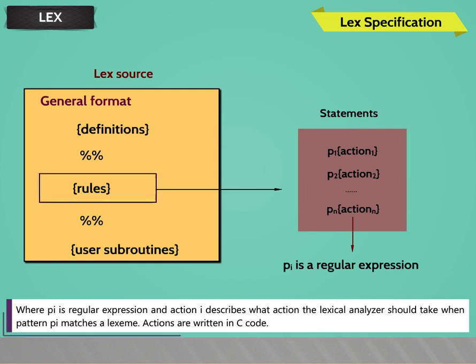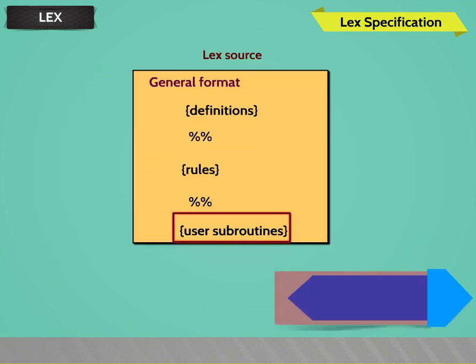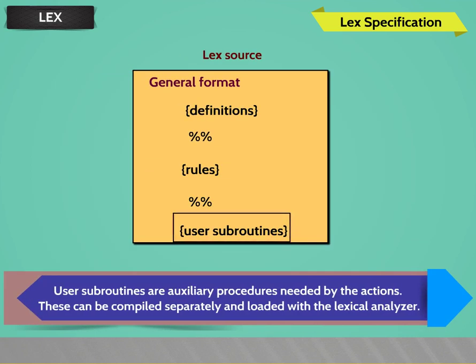Actions are written in C code. User subroutines are auxiliary procedures needed by the actions. These can be compiled separately and loaded with the lexical analyzer.